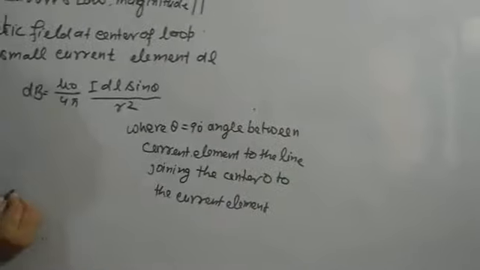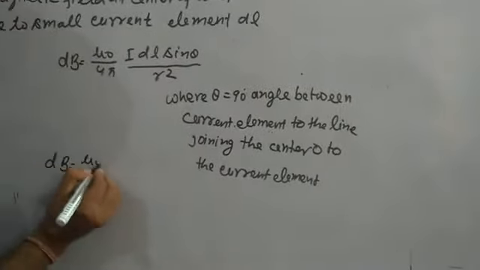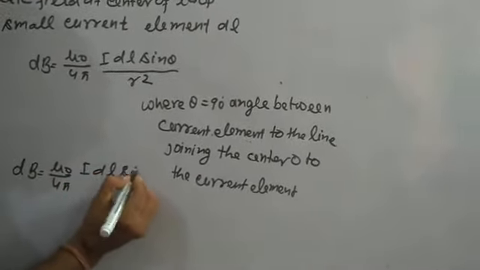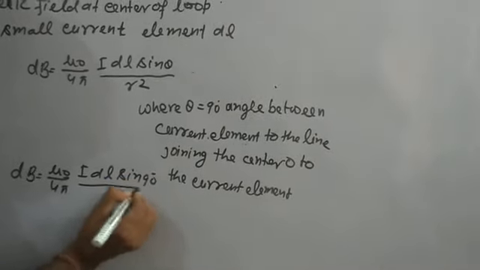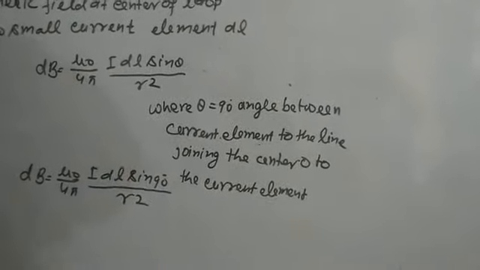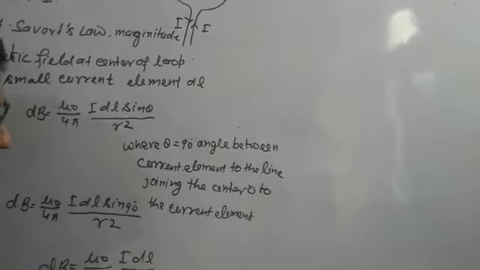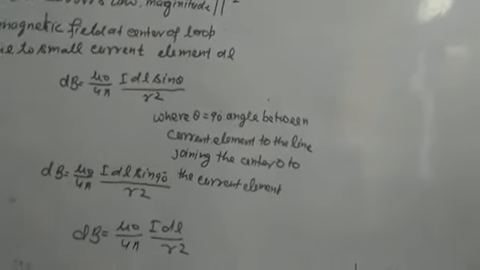Therefore, dB equals mu naught upon 4 pi I dl sin 90 upon r square, so dB equals mu naught upon 4 pi I dl by r square.